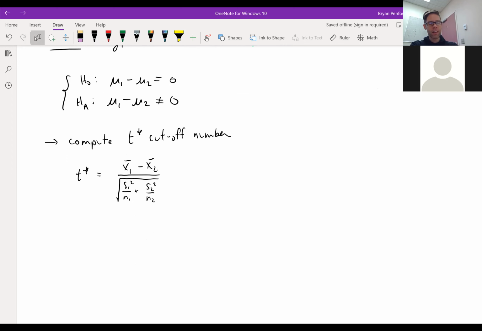And I'm going to try to get this accurate to 3 decimal places so we can kind of compare this to row 24 of our T distribution. So when I go to utilize my calculator, I'm going to be inputting the following. So we have, let's see, we have 78 minus 85 over some stuff.